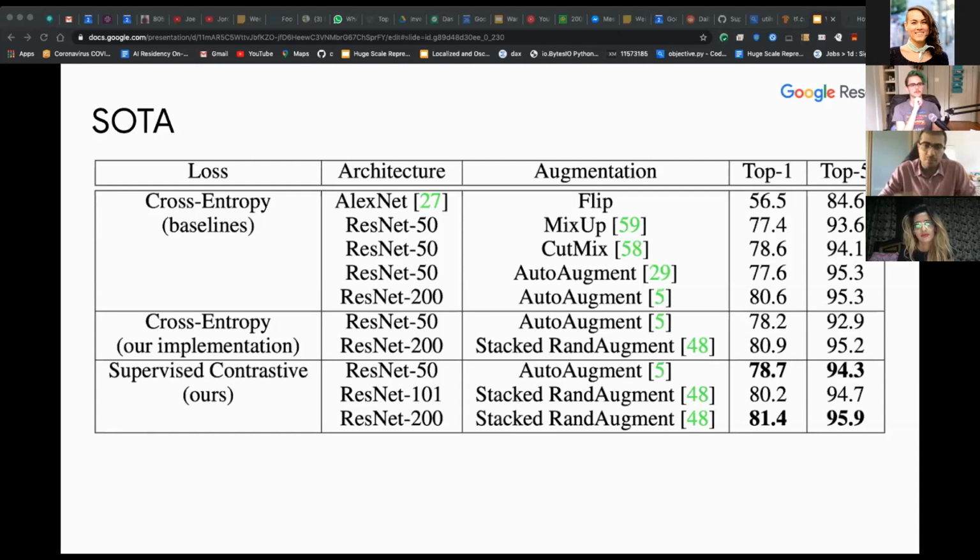So the second part of the question was, and I don't know if I got this correctly, why do these augmentations work well for contrastive learning? Yeah, so the idea is that augmentations are supposed to spread a single data point in the representation space.